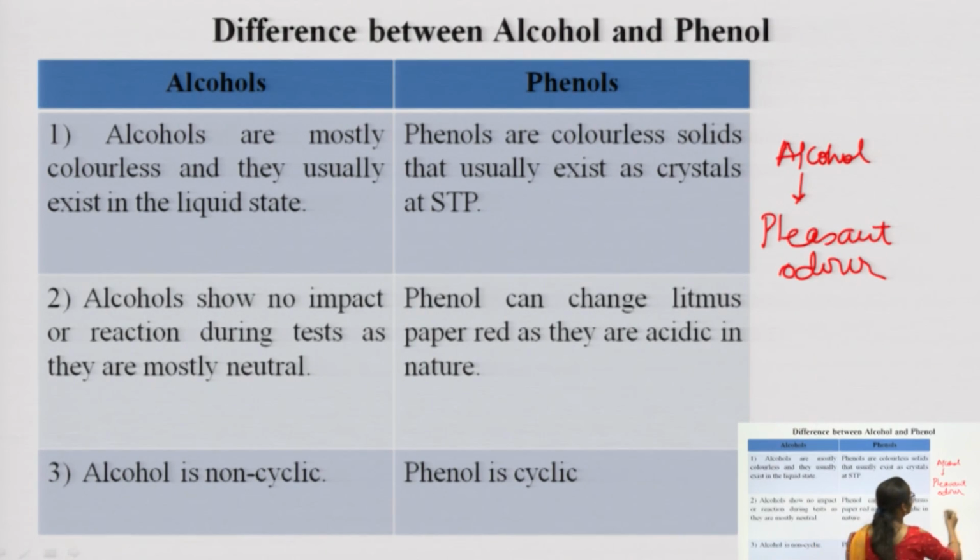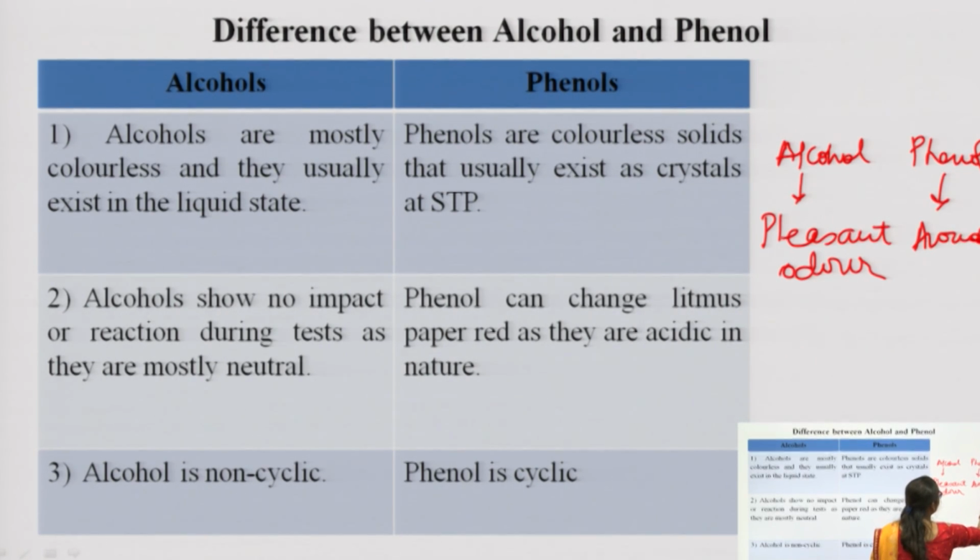But phenol gives an aromatic odor, and that aromatic odor is somewhat pungent in nature, meaning the smell of phenol is not very good. You don't feel very comfortable when you continuously smell phenols, right?